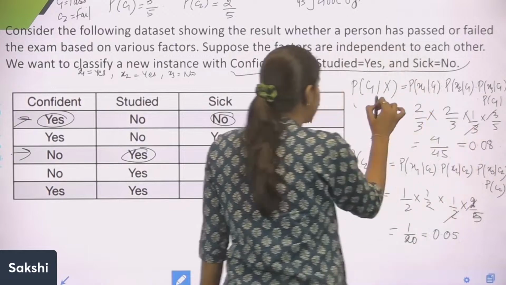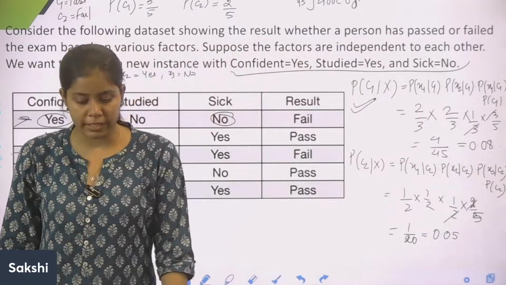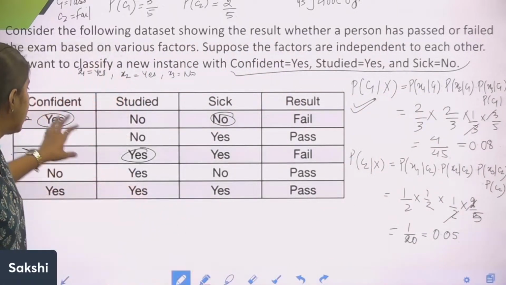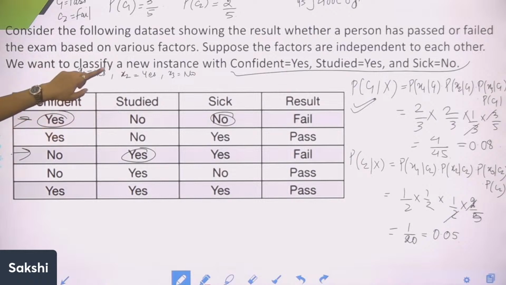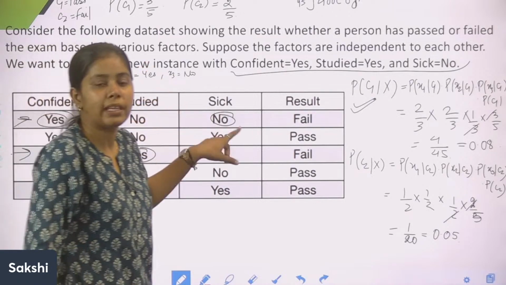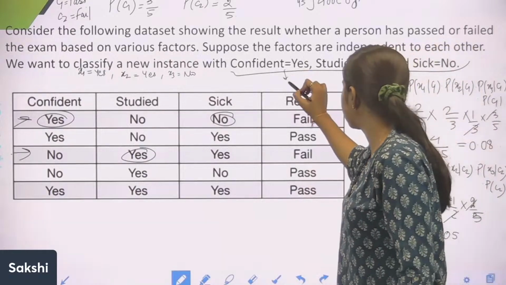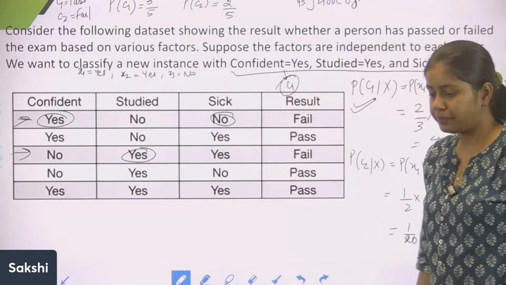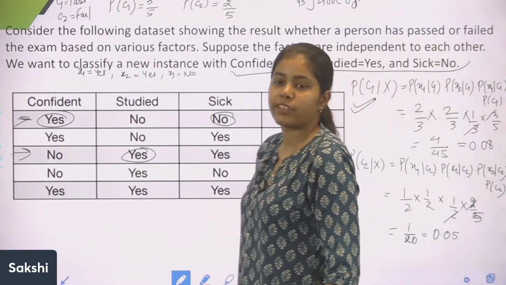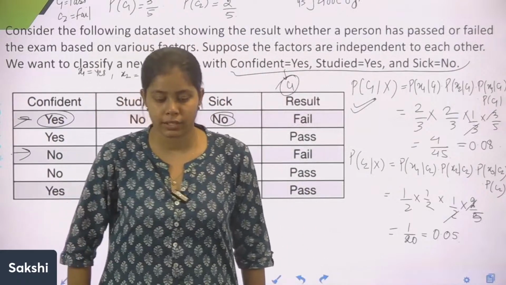And you can see that class C1 has a higher probability than class C2. So that means this new instance, this new query given to you, is classified as class C1.